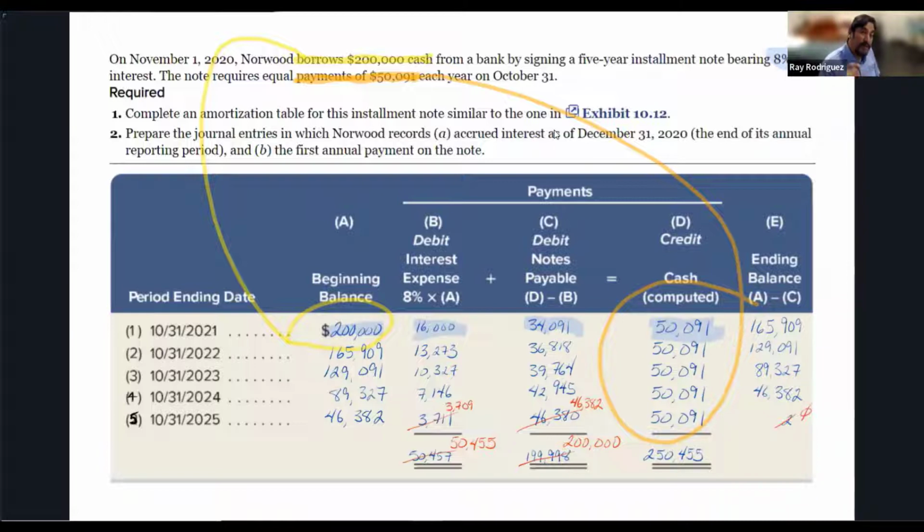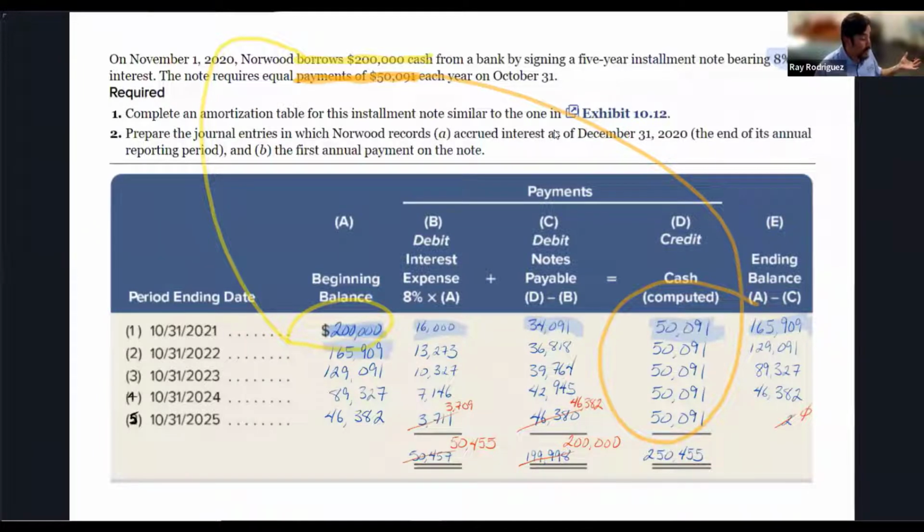So 50,091 minus 16,000 of interest means 34,091 went to pay down the principal. If our principal started with 200 and we paid 34,091, that means our principal after this payment is 165,909, and that becomes the beginning balance for the next period.